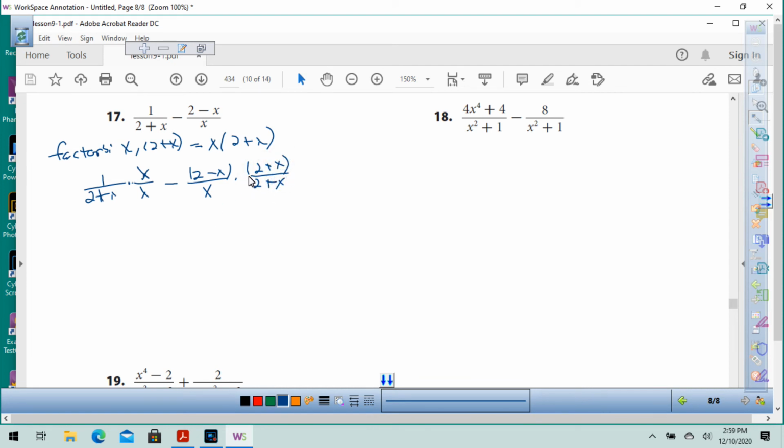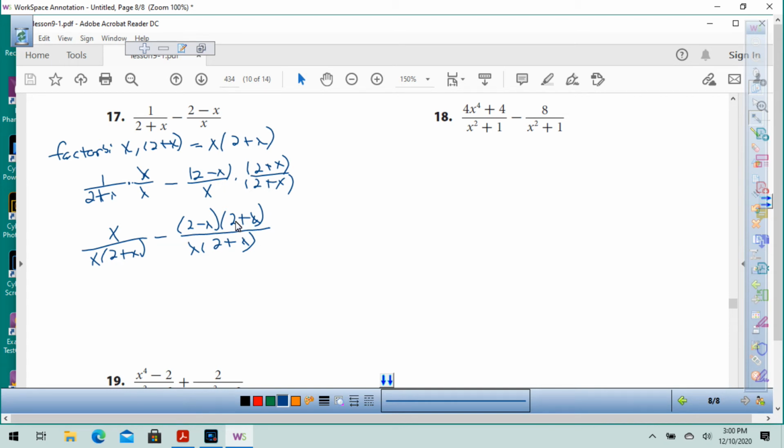Now all I did was take out the part where I was going to have to cancel. I just went ahead and took it out. So I'm going to have x over x times 2 plus x minus, and that's going to give me 2 minus x times 2 plus x over x times 2 plus x.